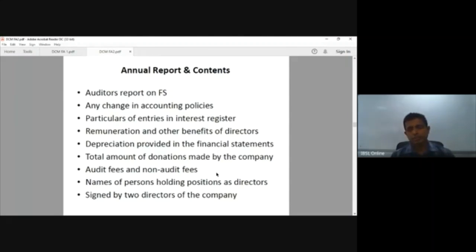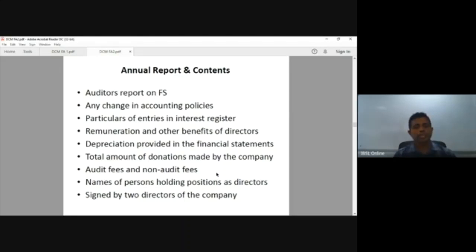Sometimes 30 billion, 100 billion, the totals are like that. But the director's remuneration might be some millions, right? Even though those are some millions, you have to be very specific and disclose all that information, because there is a requirement under the Companies Act.